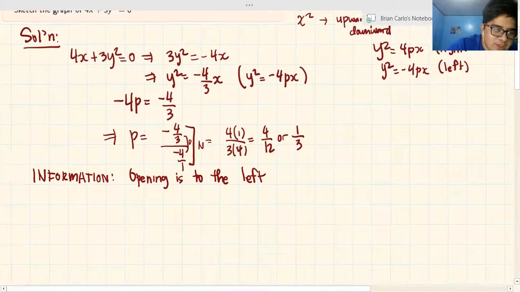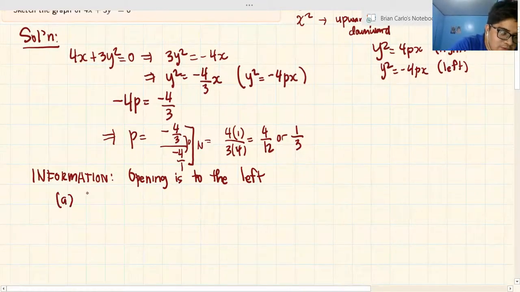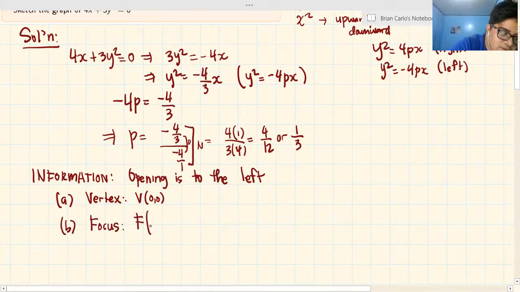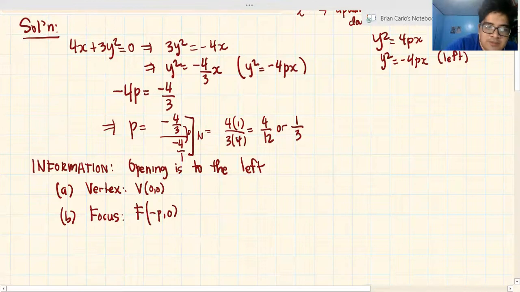Sunod, ang vertex natin, alam natin na V(0, 0), kasi lahat naman ng pinag-uusapan natin in this case, palaging nasa origin. Pangalawa, yung focus ay F(negative p, 0). Naalala niyo yung sa table? Kapag ang focus nasa left, negative p, 0.